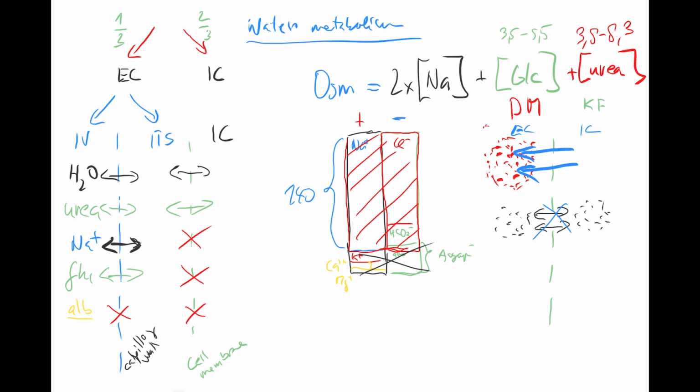Because if you have increased urea, like if it goes to 30, and everything else is still normal, so sodium is normal, and then let's say you're going to have 330 milliosmoles. This sounds crazy, but in reality, the increased urea will make no shifts of water. So you can sort of be fine with that. It won't change the amount of extracellular water and intracellular water. But increased glucose will.